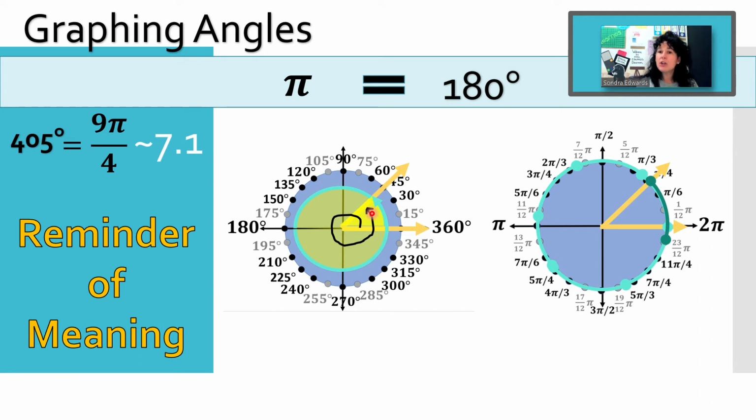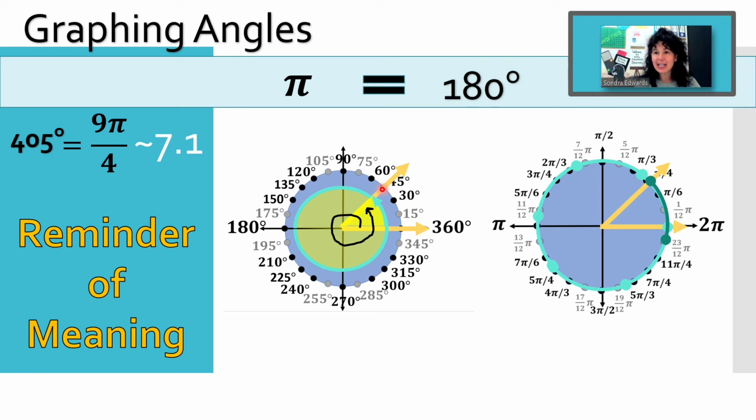Okay, but when you take a look at a coordinate on the unit circle, if you're at 405 degrees or if you were at 45 degrees, the coordinate right there is going to be the same. So we're going to be able to use that idea to evaluate trig functions of really big angles and really small angles.